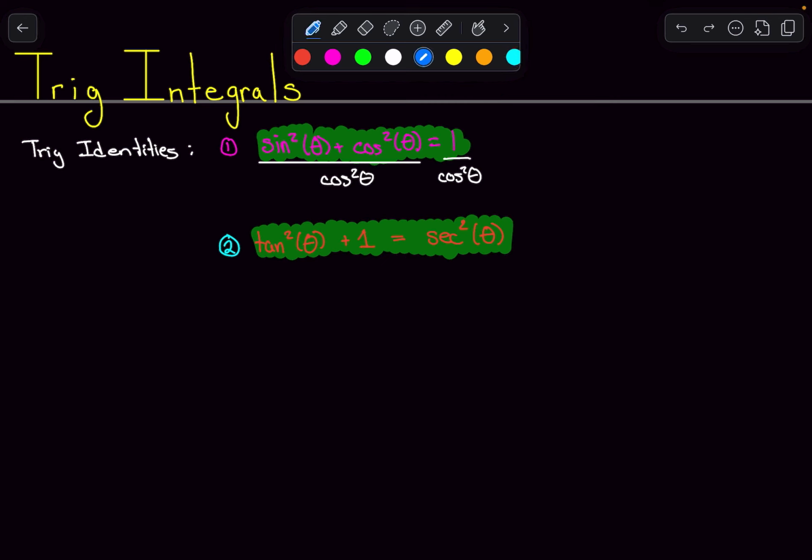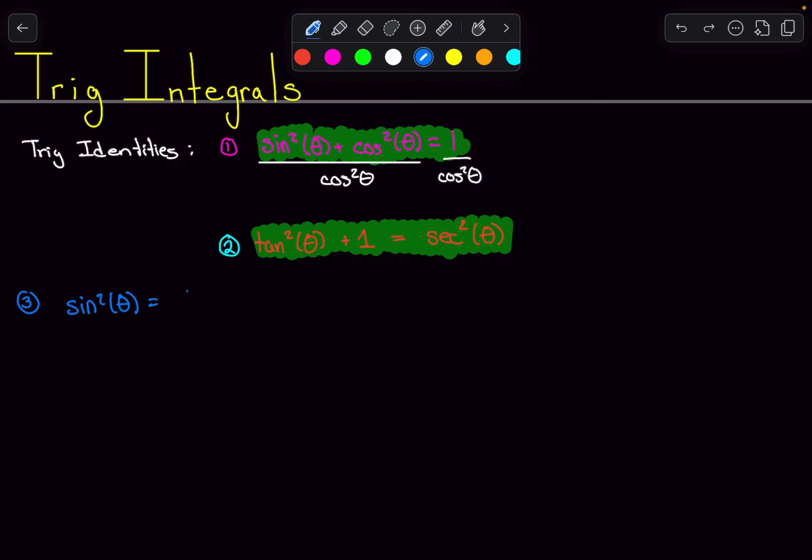But maybe an additional one will be a couple of the double angle identities, or a power reduction identity. If we were given sine squared of theta, what does sine squared equal? Well, on the one hand, I could rearrange this and get that it's equal to 1 minus cosine squared.